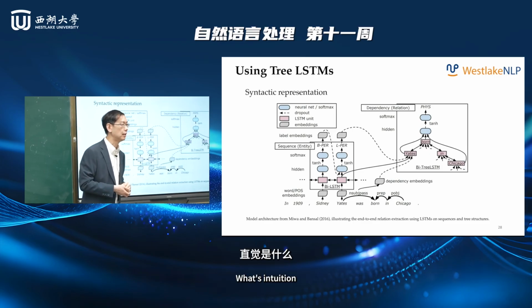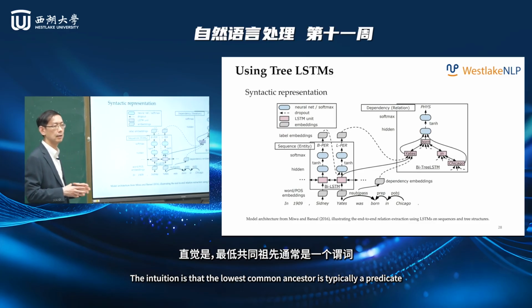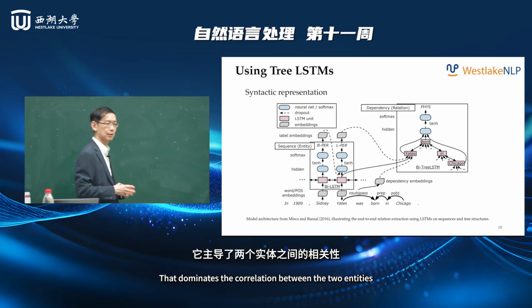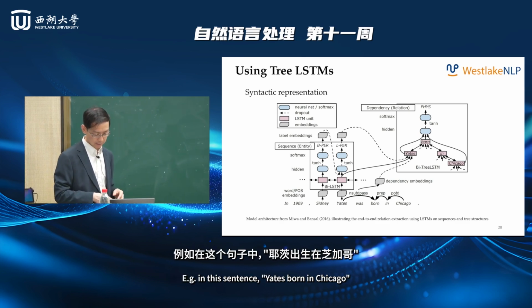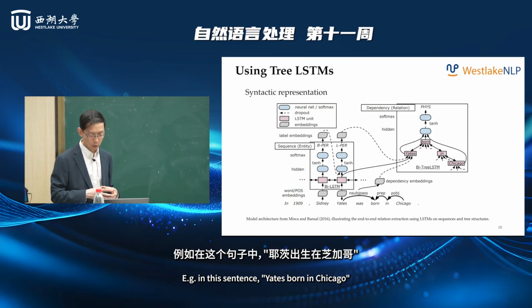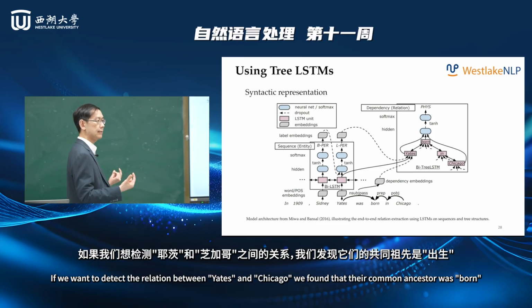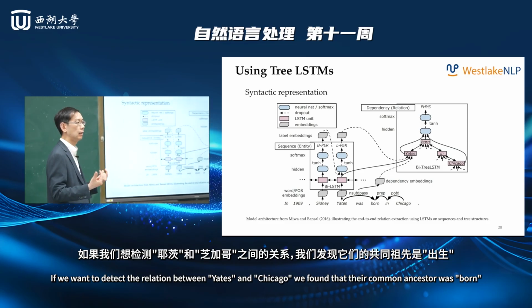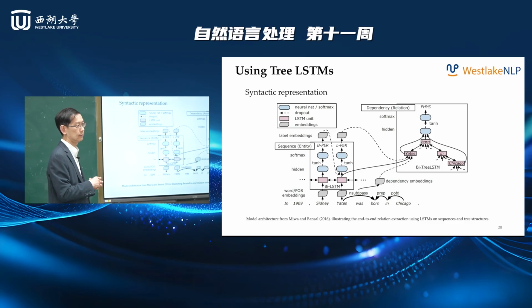What's the intuition? The intuition is that the lowest common ancestor is typically a predicate that dominates the correlation between the two entities. For example, in this sentence, "Yates was born in Chicago." If we want to detect the relation between Yates and Chicago, we found that their common ancestor was "born".